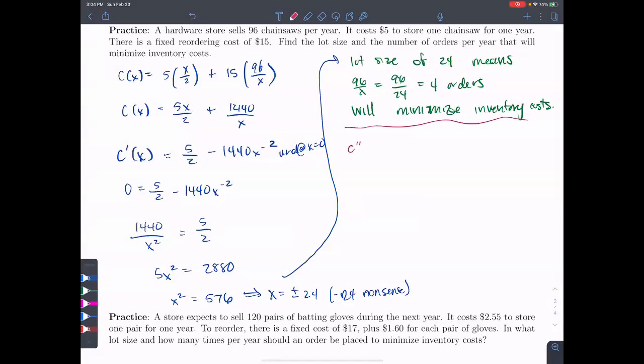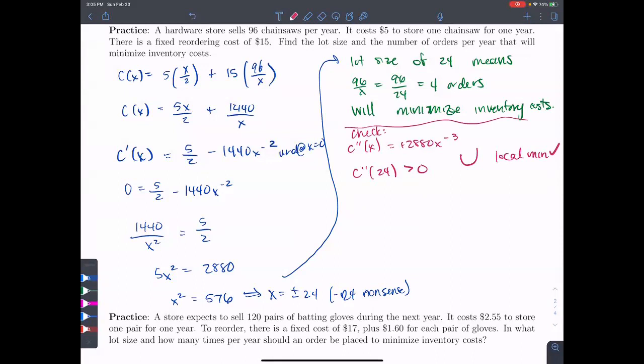So C double prime is positive 2880 x to the negative 3. If you plug in positive 24, this is positive, which means up like a cup, which means it's a local min. So that's good.